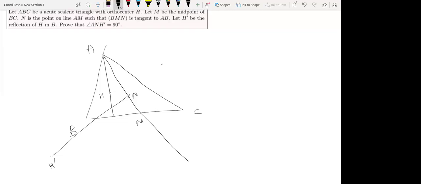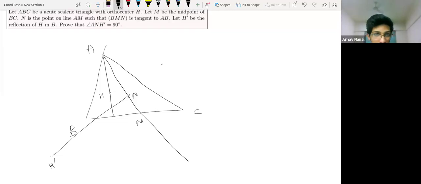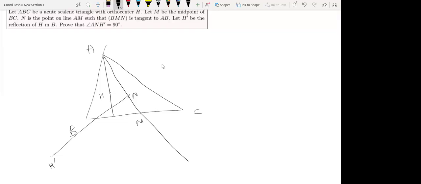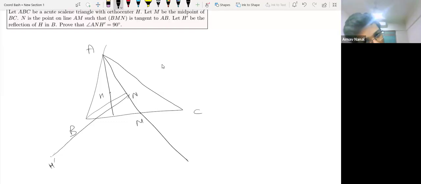ABN is isosceles, right? ABN is not isosceles. Why is ABN isosceles? Because BNM is equal to 180 minus ABM, so BNA is equal to ABM. What? Okay, you mean this type of isosceles? I haven't thought about it. Why is this angle equal to this angle?